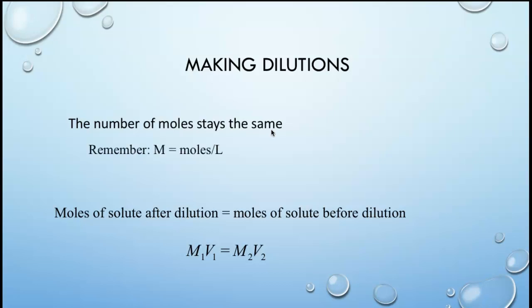So remember that molarity is defined as moles divided by liters. So if we want to solve this equation for moles, then we can multiply both sides by liters. So moles is equal to molarity times liters. That's how we get M1 times V1.